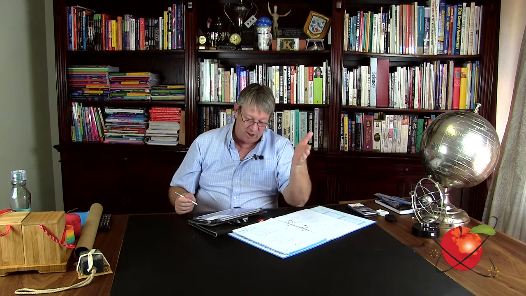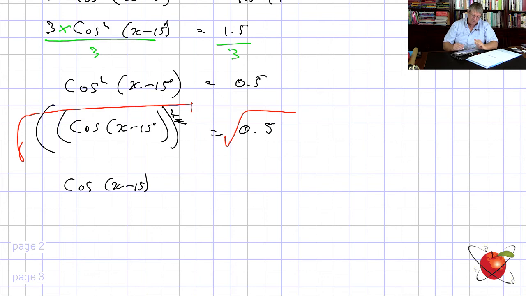I don't think I've done it cubed, but you do the same thing. Is equal to the square root of 0.5, which is 0.7071, I think. Okay, let me just check. Square root 0.5 is equal to 0.7071, yeah.